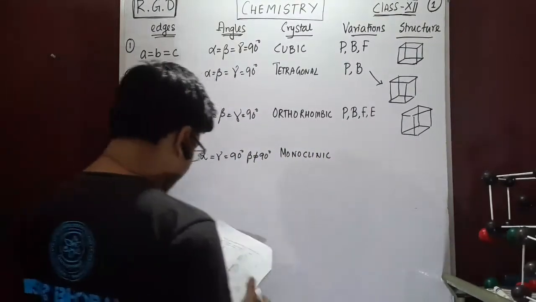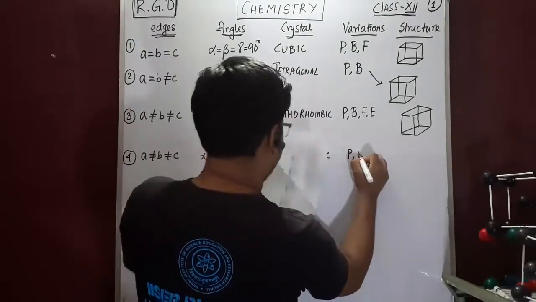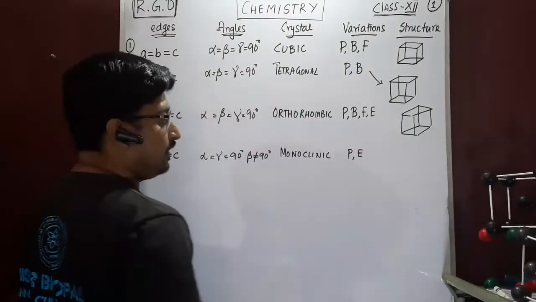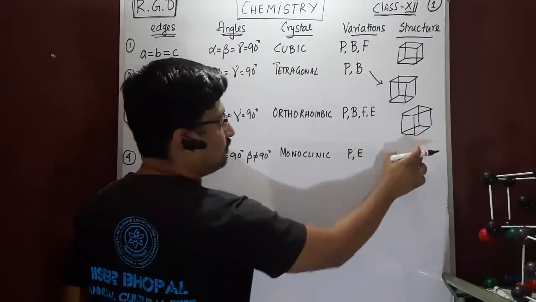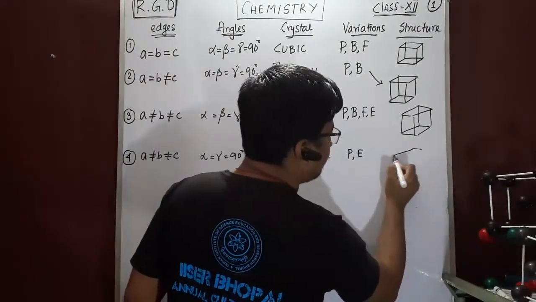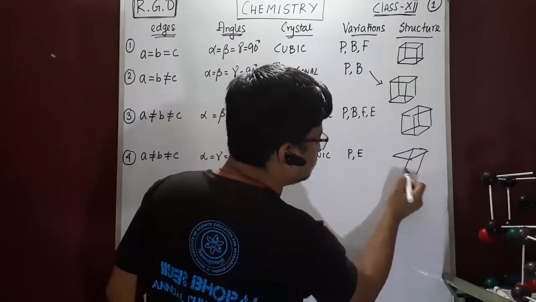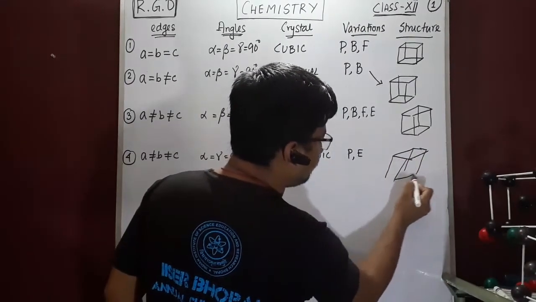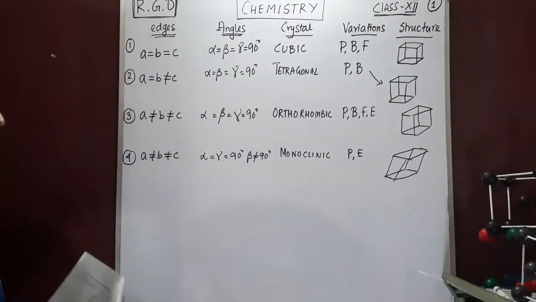So what kind of system can it attain? It can attain primitive, and it can attain end centered. So it is kind of tilted, like orthorhombic, but a little bit tilted. That's why I tell you it's very difficult to draw. Okay, this way.